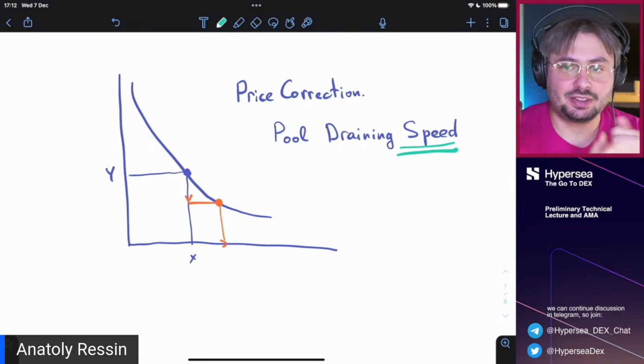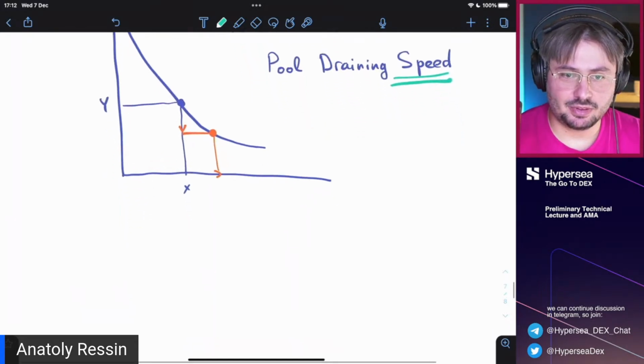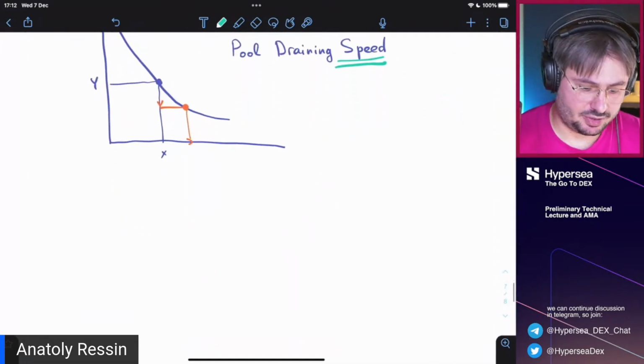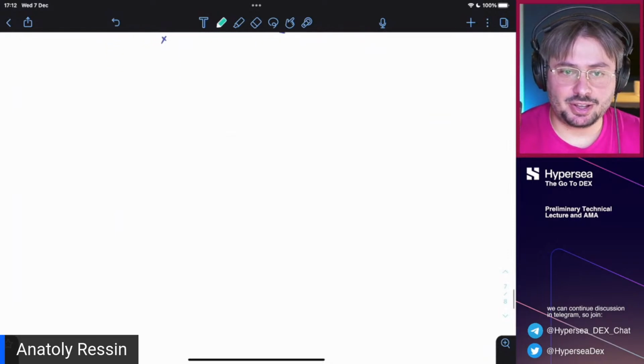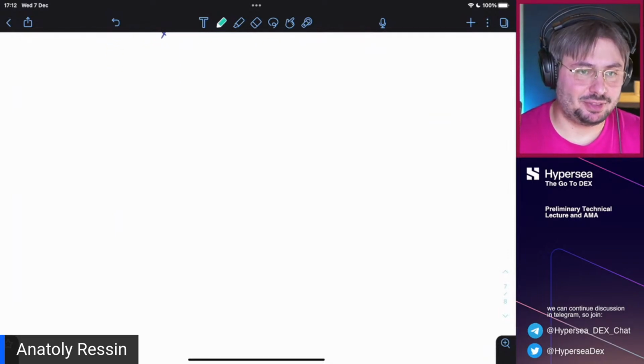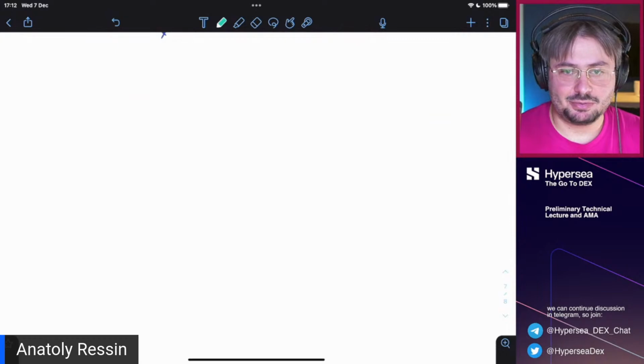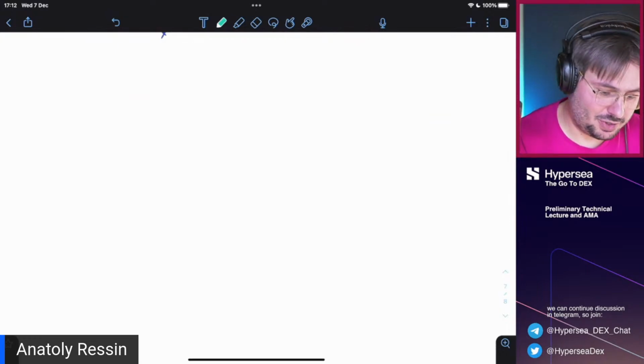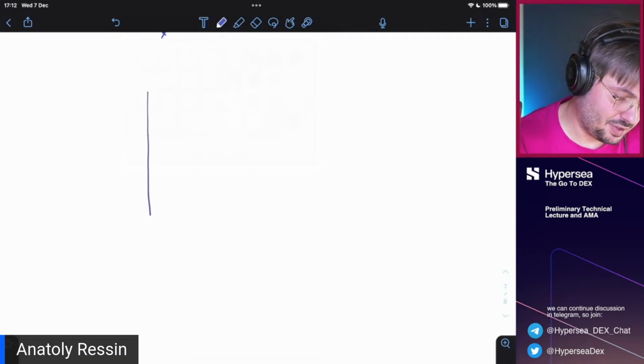Another important thing for how we protect the liquidity is the so-called constant arbitrage momentum. It's a very important notion.